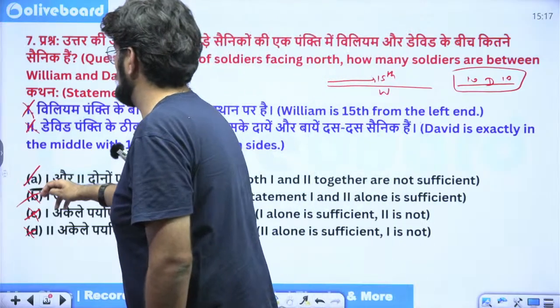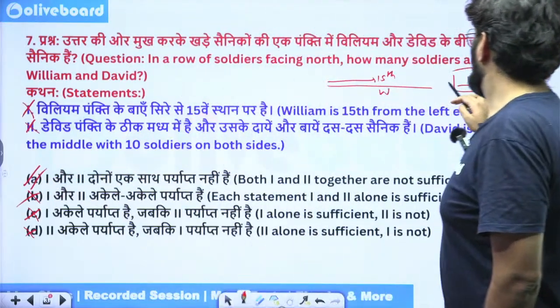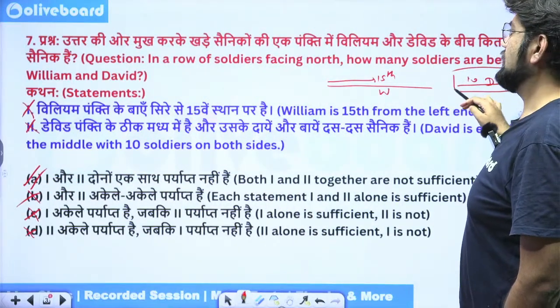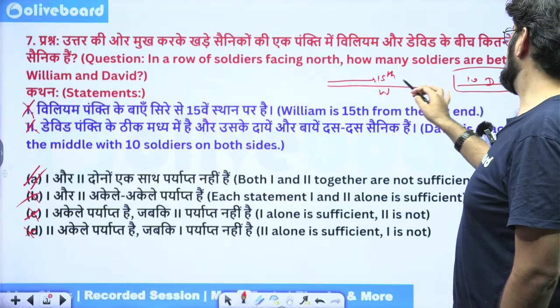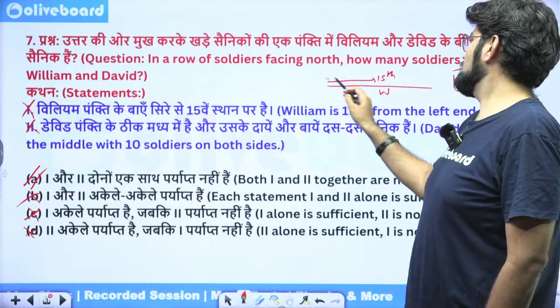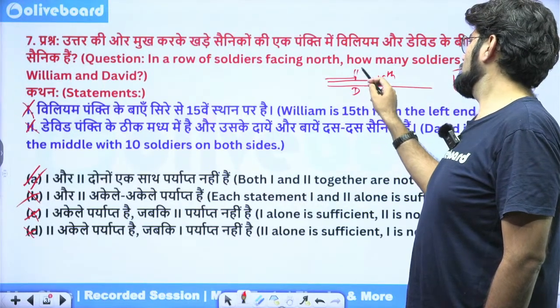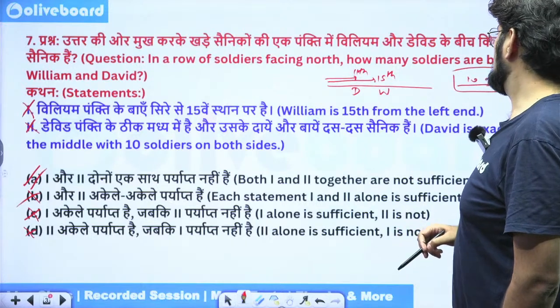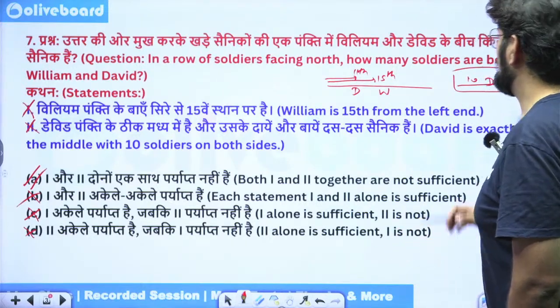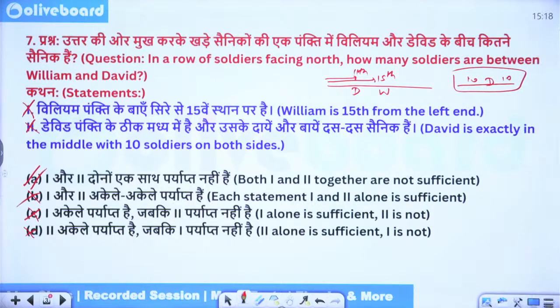But if you combine both of them, they have to be sufficient. How many are there between William and David? So he is the 15th and he is 11th. Correct? So now we can find out that there are 4 people in between, 3 people in between. 10 here and 10 here. So he's 11th from either end.